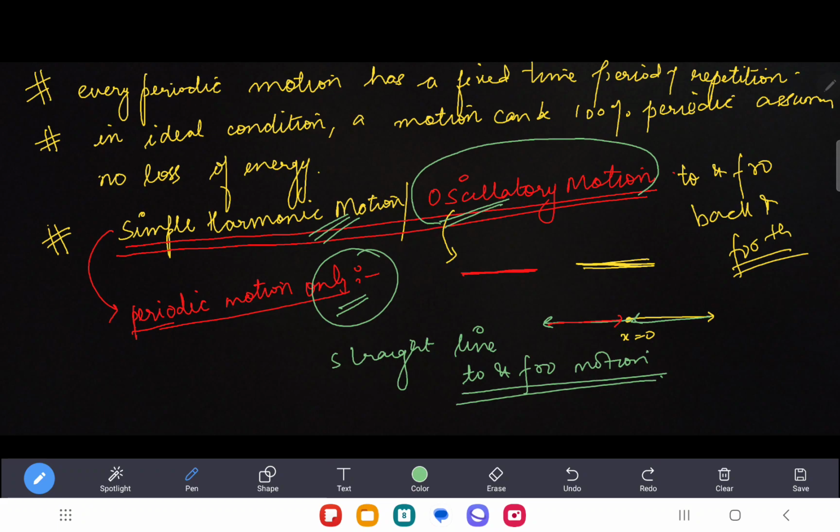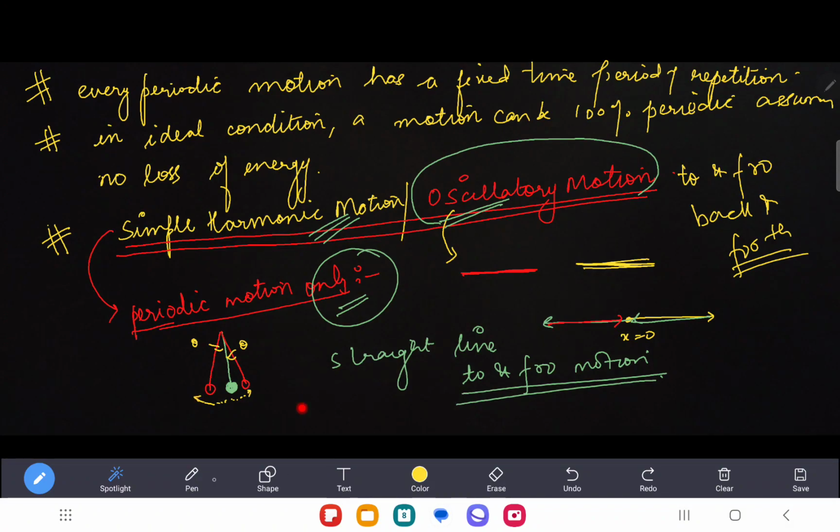Sometimes, let's suppose we are talking about the pendulum. We say the pendulum's motion is sort of SHM, but not over a large limit. If the pendulum is moving very little, if this angle is very, very small, it is moving left and right, left and right, but not over a large distance.